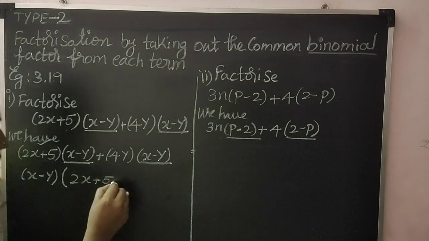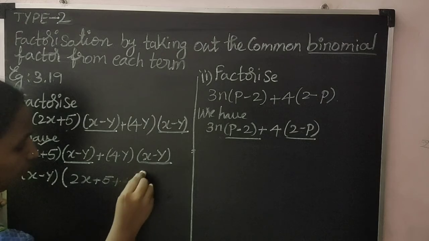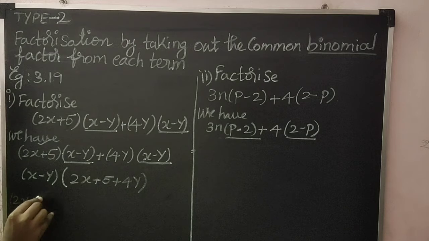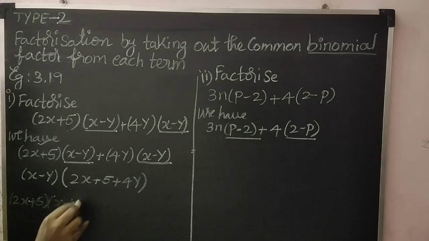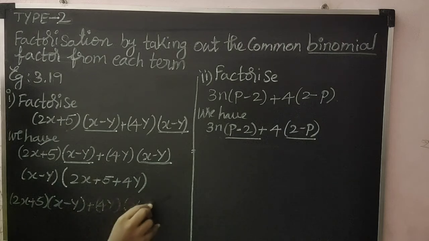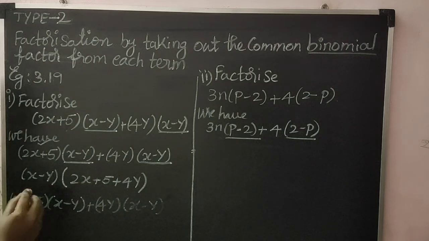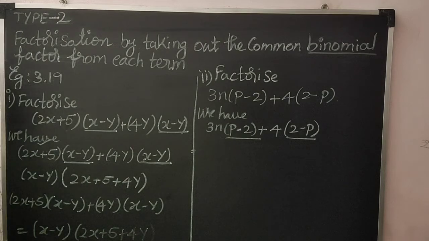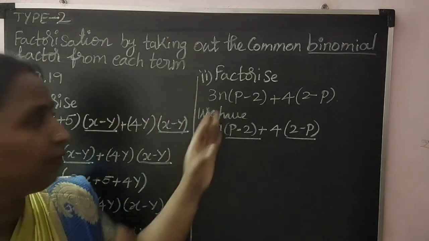Plus 4y. Plus 4y. Is it clear? So 2x plus 5 into x minus y plus 4y into x minus y can be factorized as x minus y into 2x plus 5 plus 4y. Is it clear?